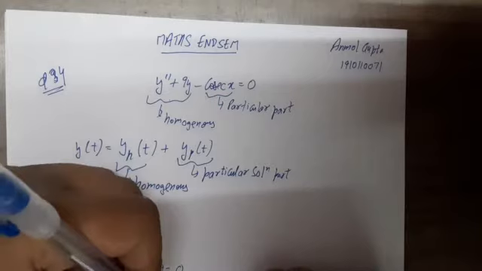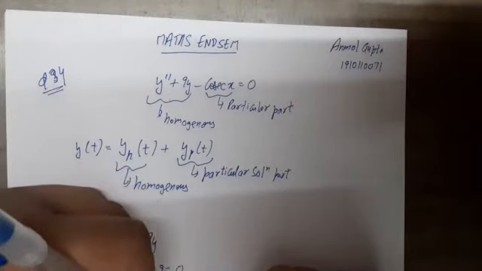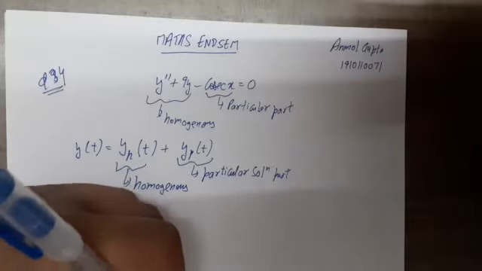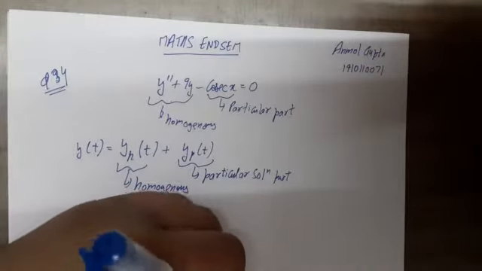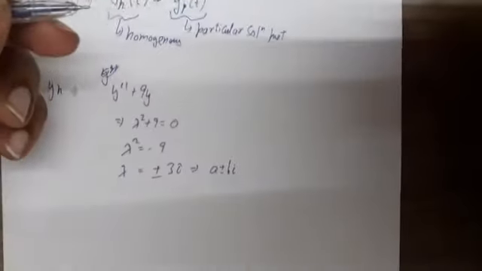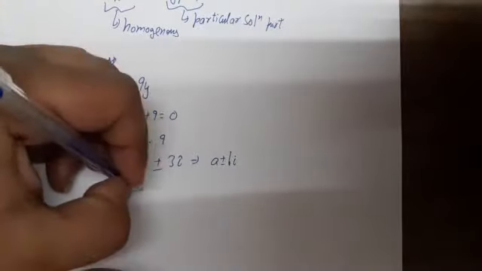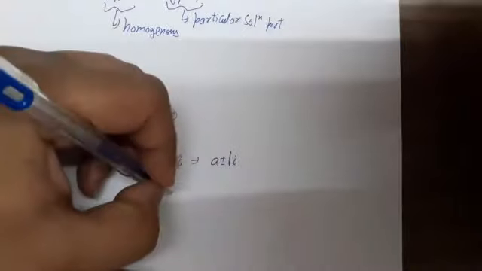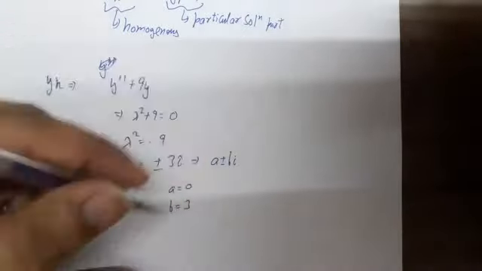Thus lambda square equals minus 9, lambda equals plus minus 3 iota, and if we compare it to a plus minus b iota, upon comparing we get a equals 0 and b equals 3.